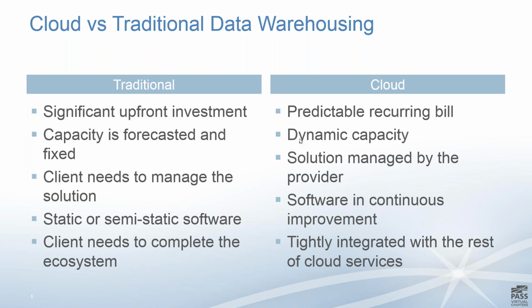We have to estimate really well the amount of cores we're going to be using. We have to figure out how much memory and how much storage, and yes, obviously we can change that as we go along, but we usually have to give a pretty good estimate to the business. In the cloud, we're talking about dynamic capacity, so we can crank up the power when we need it and dial it down when we don't.